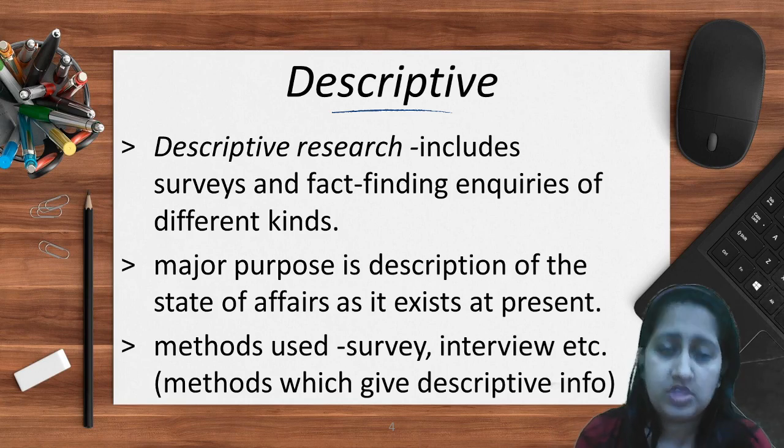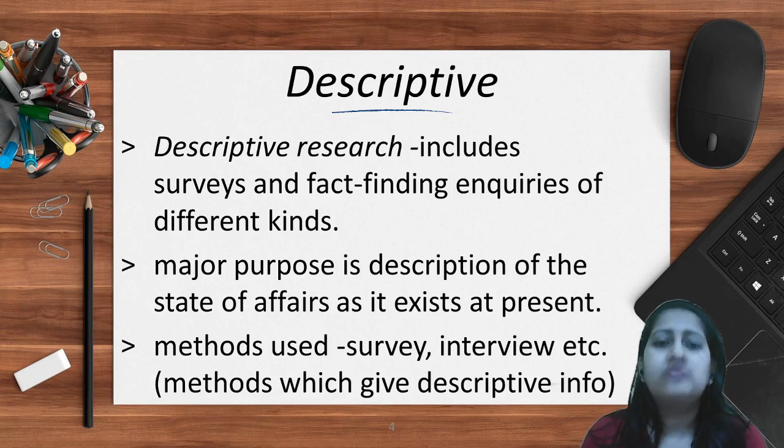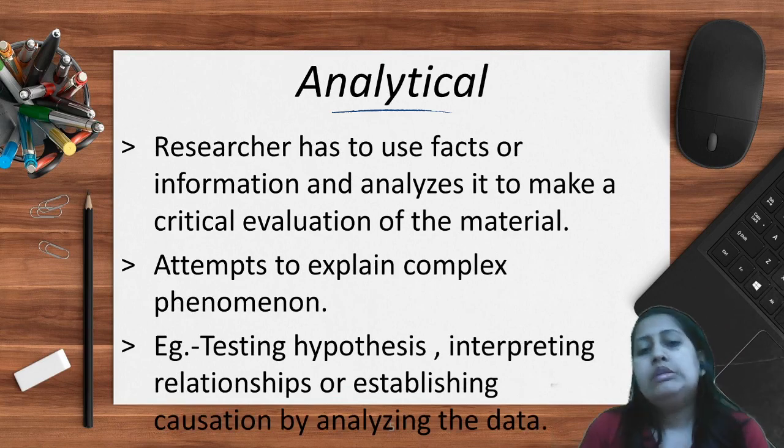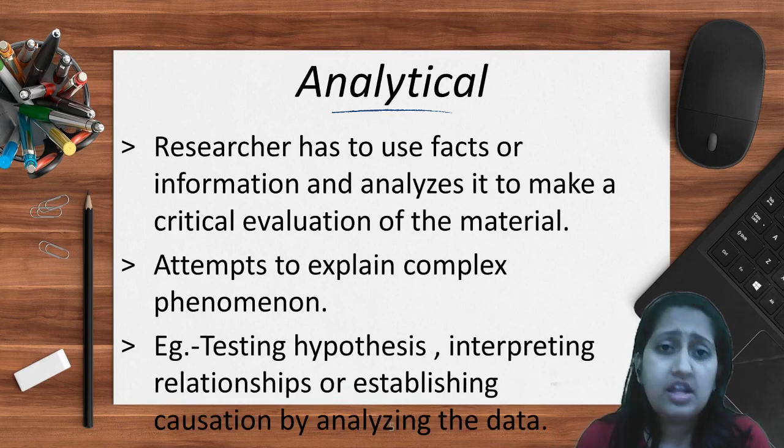Instead of giving them a questionnaire and taking very objective data, you actually let the person describe the event or whatever variable you are studying. So obviously the effective methods here are survey and interview, because they allow for open-ended questions and actually facilitate descriptive information. The opposite type is obviously analytical.